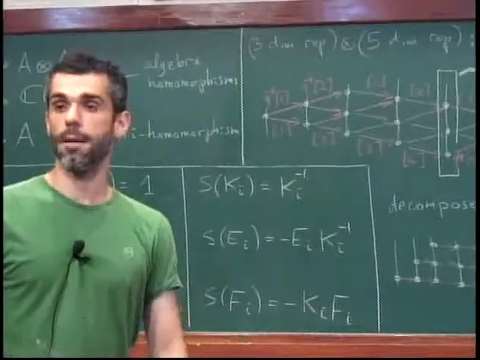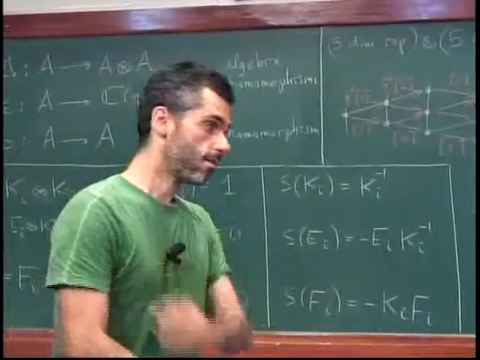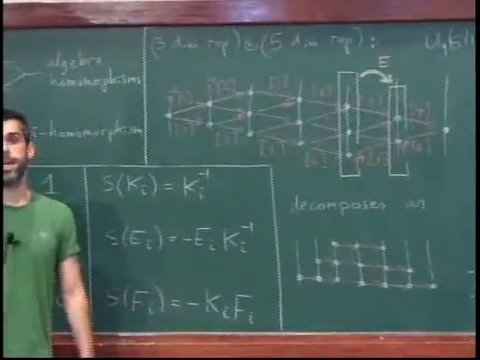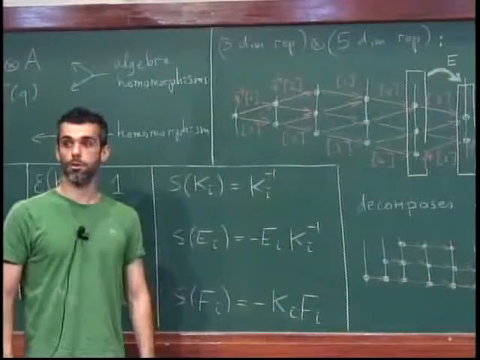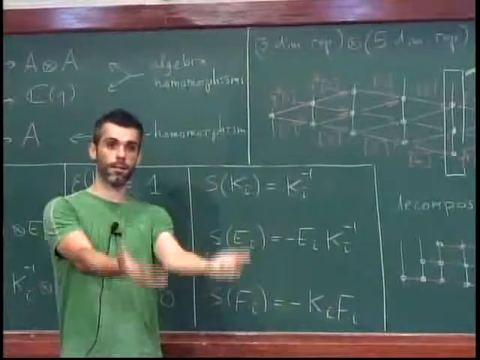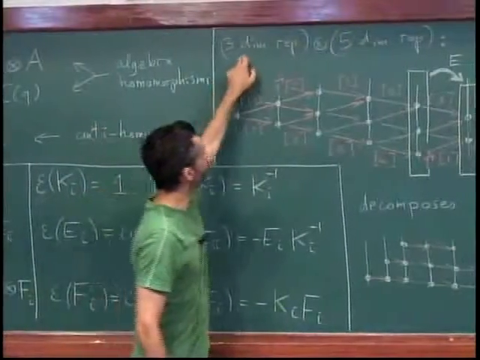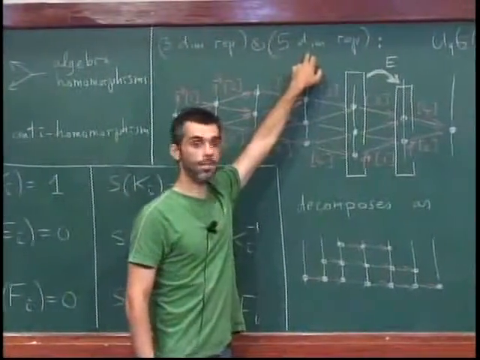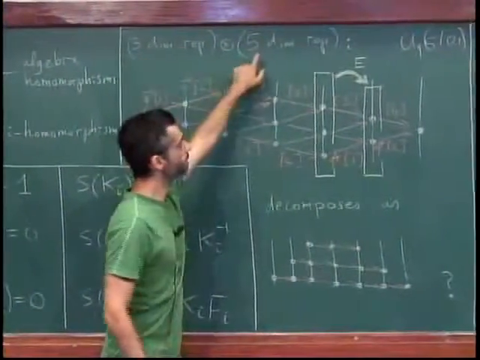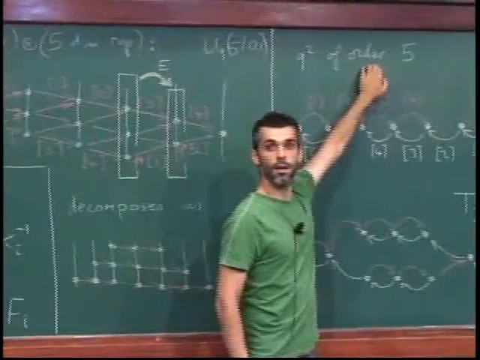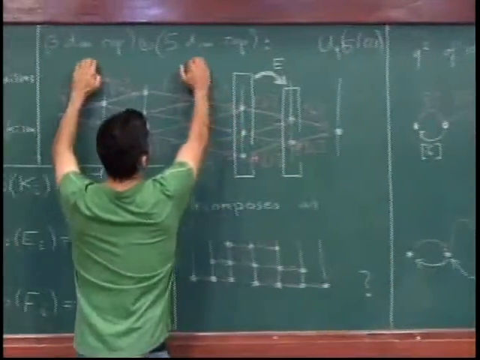Then there's another theorem, which is actually a hard theorem, which is that if you take a tensor product of tilting modules, the result is again a tilting module. So here I took the three-dimensional representation and the five-dimensional representation. 3 and 5 were numbers that are small enough relative to that choice so that those two guys are irreducible.